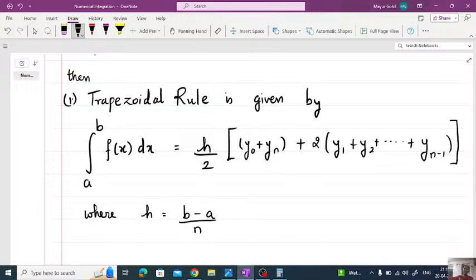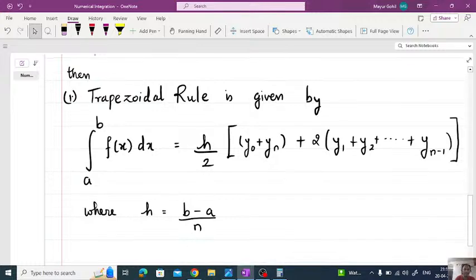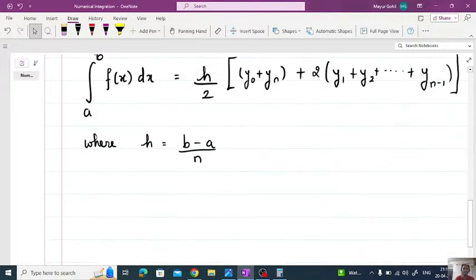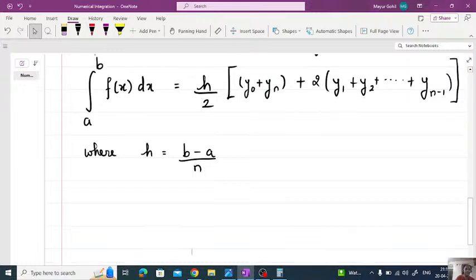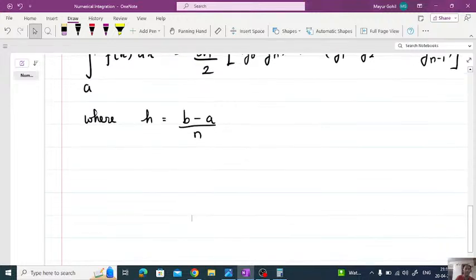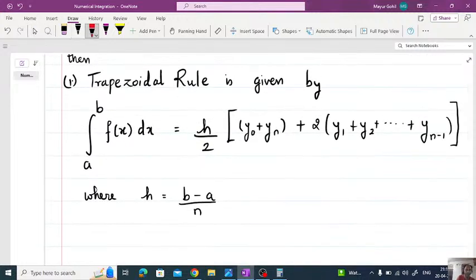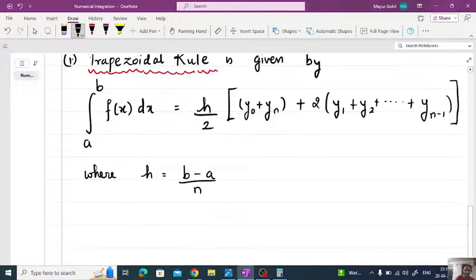Now this is y naught, yn like this. Now see, we will come to know when we solve the problem in detail. I'll give you the next formula, but all the formulas are similar in line. Okay, so this is trapezoidal rule. I'll underline this over here. Now write down what is h.